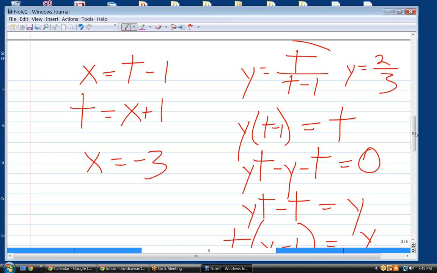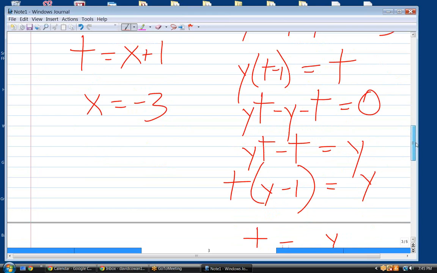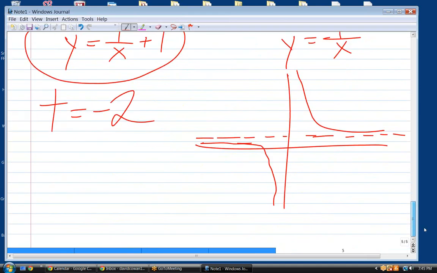So when t is -2, x is -3, and y is 2/3. That's about right there. Okay, that's (-3, 2/3). That's our first point on the graph.